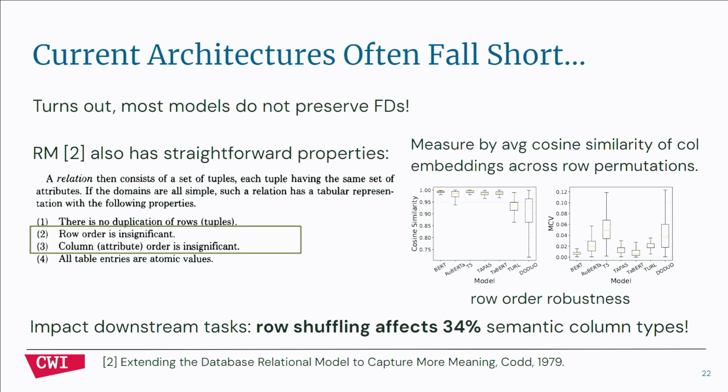For example, for semantic type detection that we discussed in the beginning of this talk, we see that by just shuffling the rows, 34% of the generated semantic types change, which is insane because, of course, nothing about those columns changes. So I think there are many implications for language models if they don't really reflect the relational properties well enough.